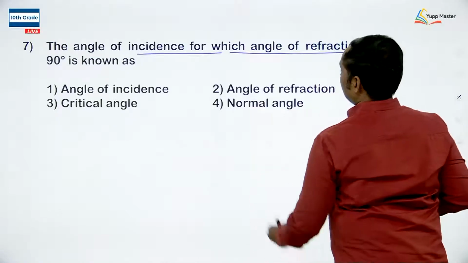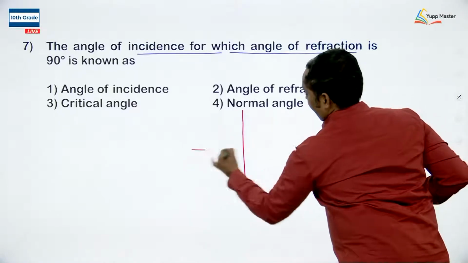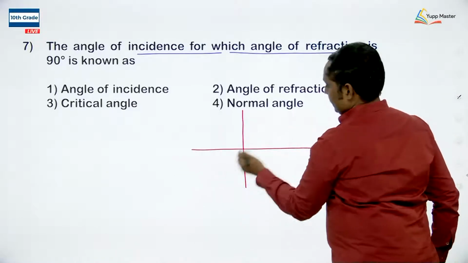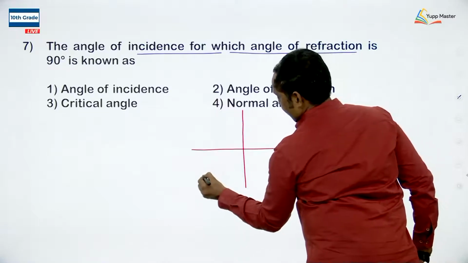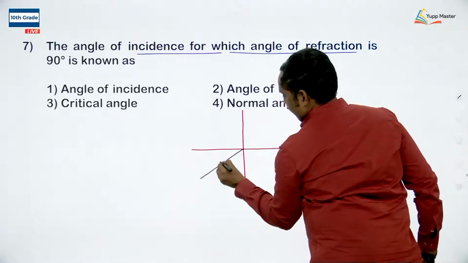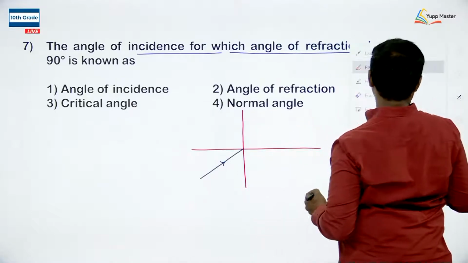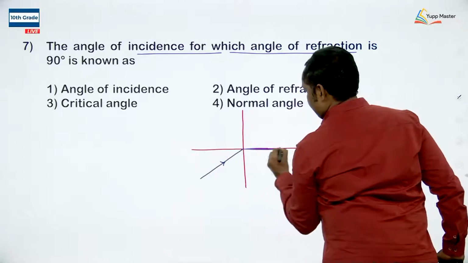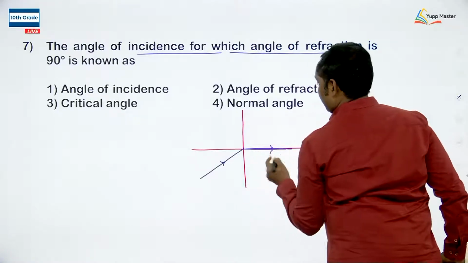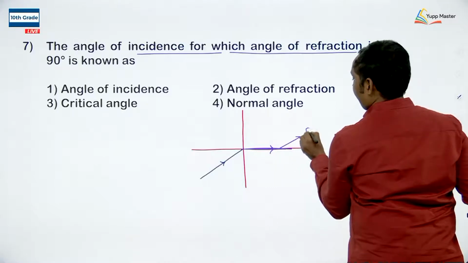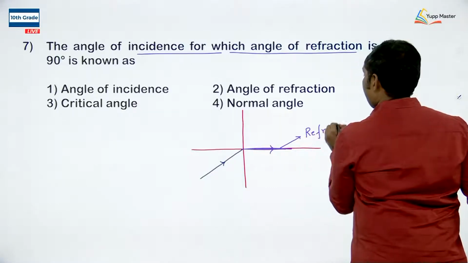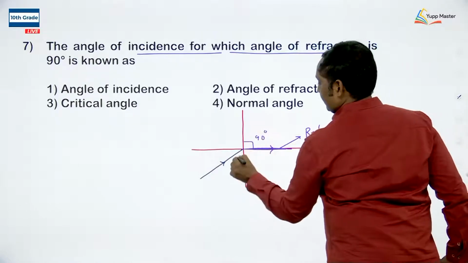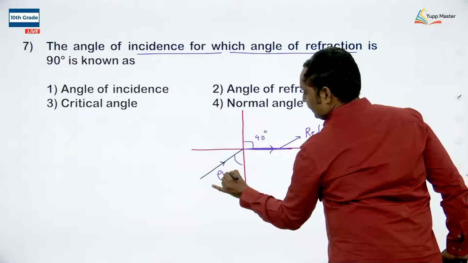Whenever that light enters, you will find that this is the refracted ray, refracted at 90 degrees, and this is the angle of incidence.